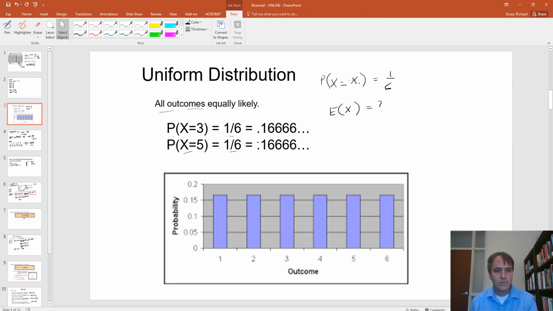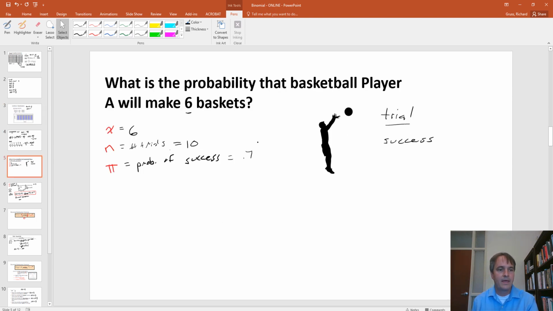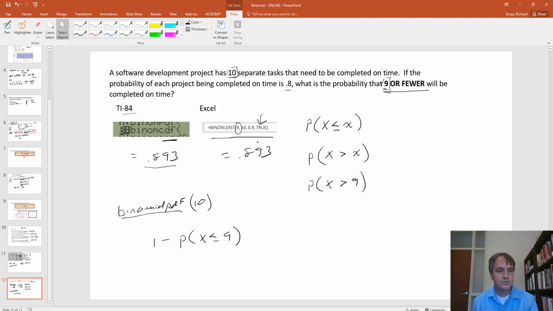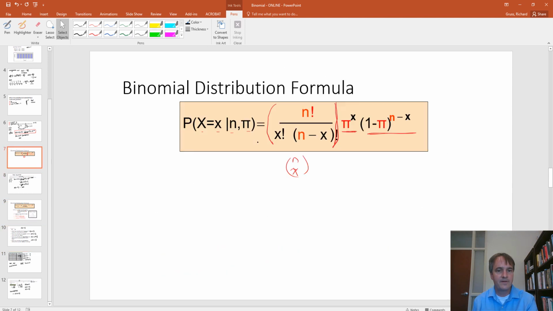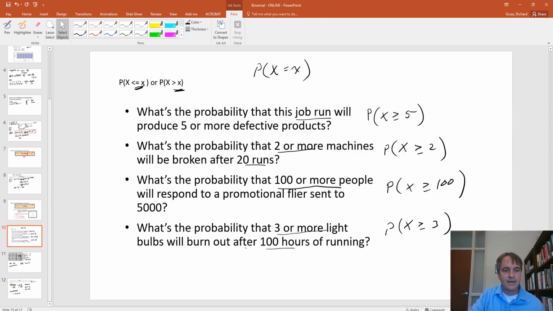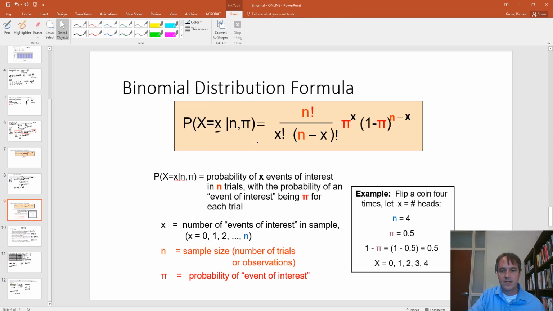And we looked at the uniform distribution and how its probability mass function is nothing other than a constant. And we went over how to find a particular value of x under the binomial distribution, as well as a cumulative value for cases where you're looking for less than or equal to.